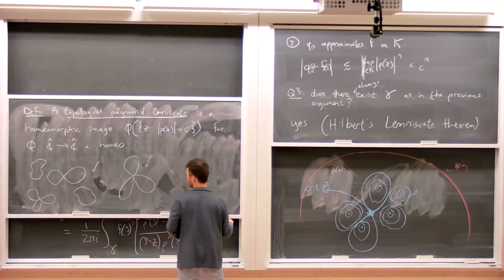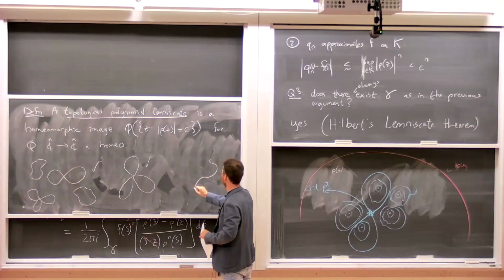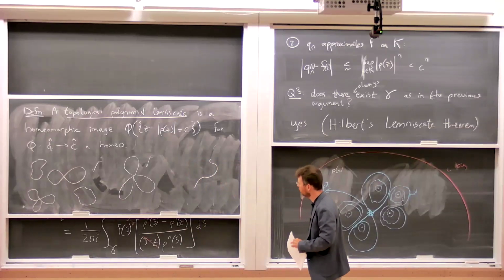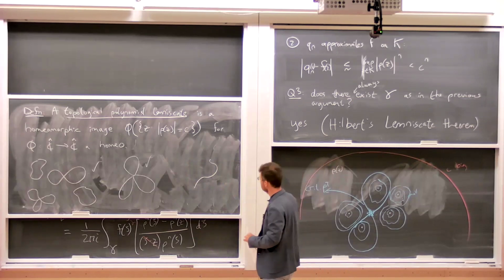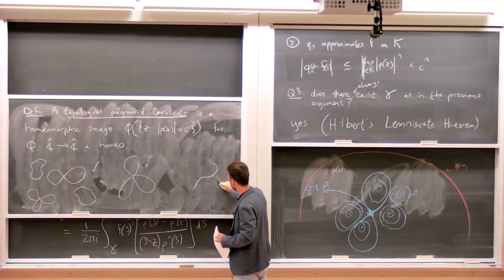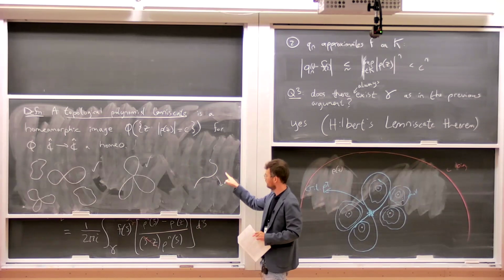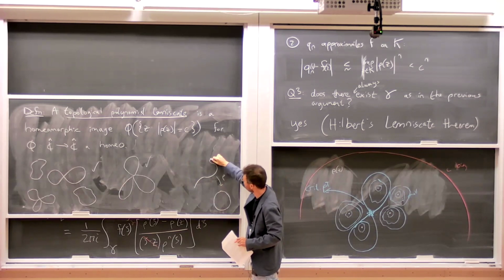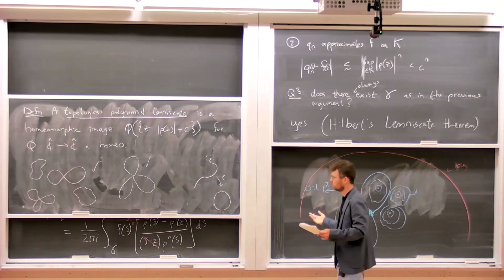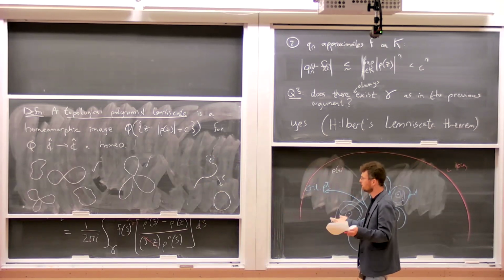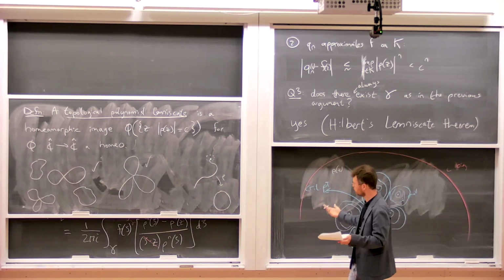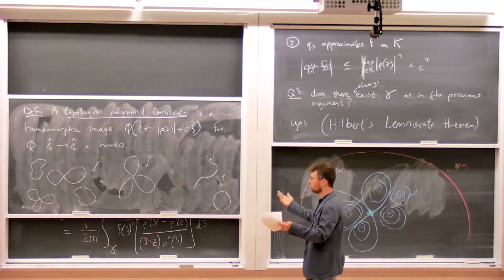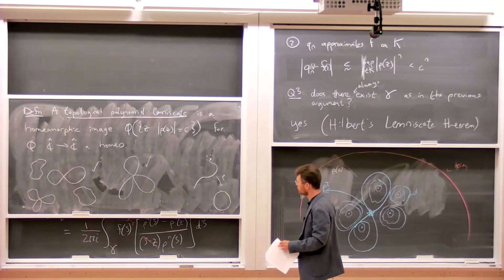Something which is not fine is something like this, an open arc. Why is this not fine? Well, how could you get a polynomial which maps this onto the circle? Something is going wrong at this point. If you look at a neighborhood of this point, polynomials, up to coordinate changes in the domain and range, are always just z to the n, and usually n equals 1.